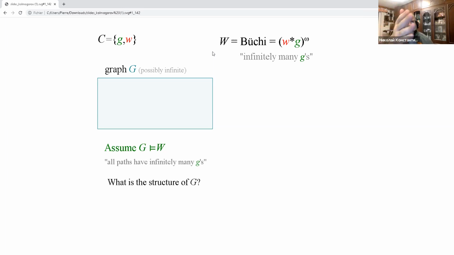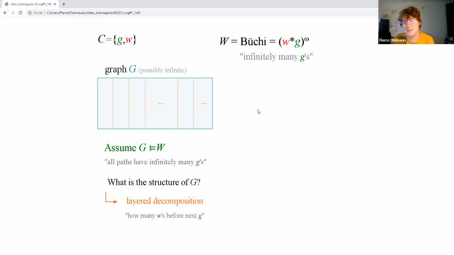We want to find some decomposition of the graph ensuring that property. So how can it happen that every path has infinitely many goods? Probably all W's should go down, and then G's can go in any direction. Great, so that's it.